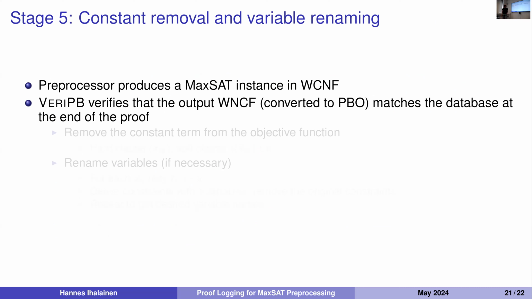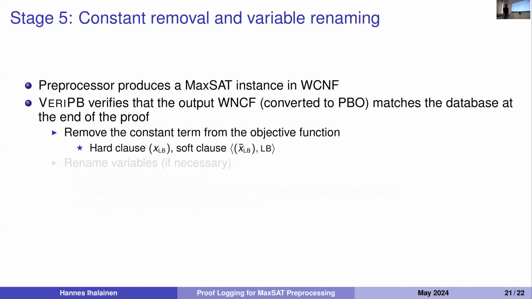The final step is that we need to remove the constant from the objective function and rename variables, because a WCNF file can't have a constant in the objective function, and variable names should match at the end of the proof. So basically, how we remove the constant: add a hard clause that falsifies a soft clause, and add the constant weight as the weight of the soft clause. So that's it.